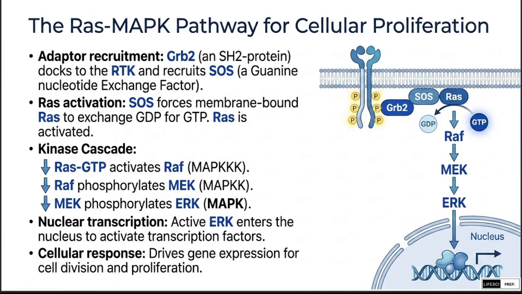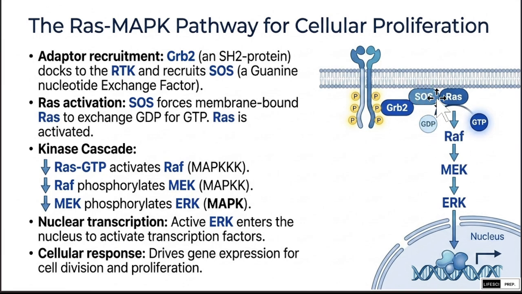Let's study the RAS-MAP pathway. In the RAS-MAP pathway, after the activation of the receptor and cross-phosphorylation, GRB binds to the phosphorylation site. GRB acts as an SH2 domain adaptor, and this then recruits the SOS enzyme. That SOS enzyme is a guanine nucleotide exchange factor, similar to the G protein receptor GPCR.